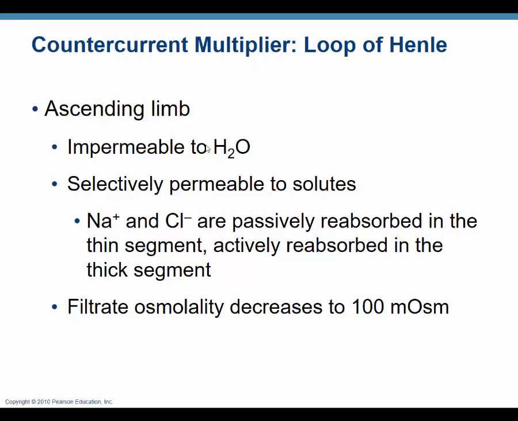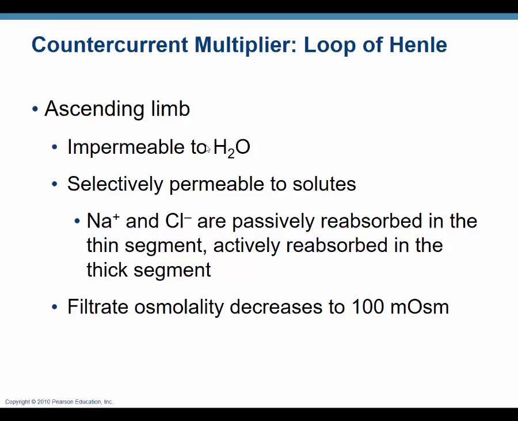The thick portion has sodium chloride transporters that are going to take sodium and reabsorb it actively with the help of ATP. So sodium moves out of the thick portion of the ascending limb toward the top by active transport. If I dump sodium out into this interstitial fluid around the ascending limb, what is that going to do to the water out here then?